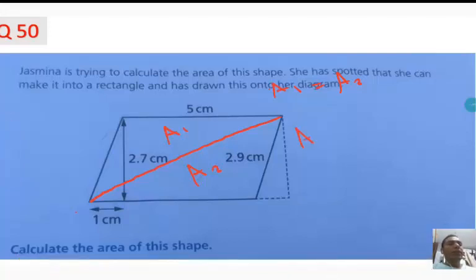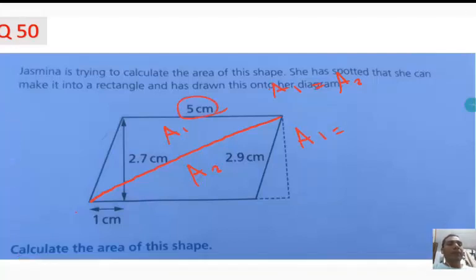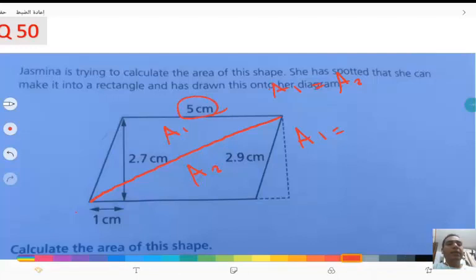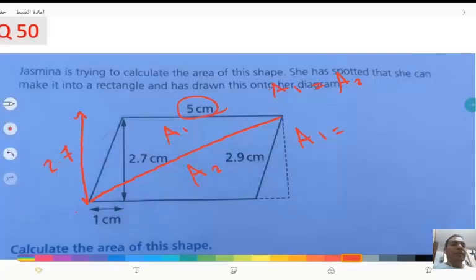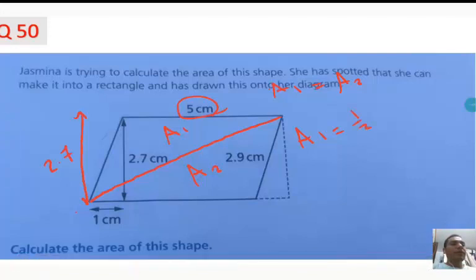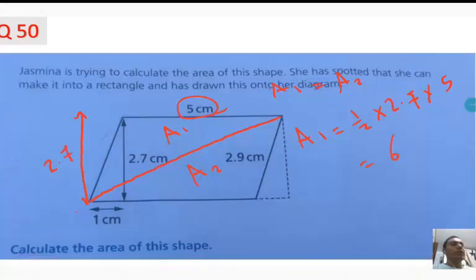Let's take A1. The base is 5 and the height is 2.7, which is equal to this one. This is the height for this triangle, 2.7. So we can find the area of triangle 1: half times 2.7 times 5, which is equal to 6.75.